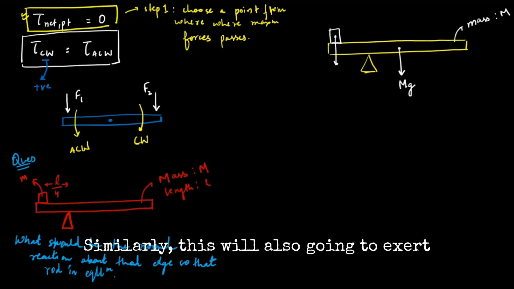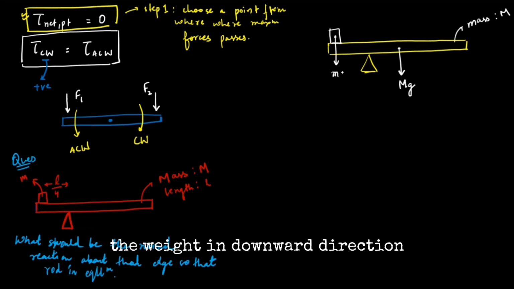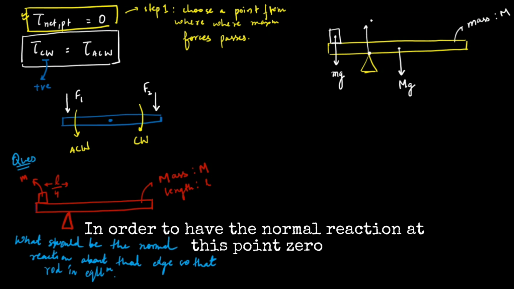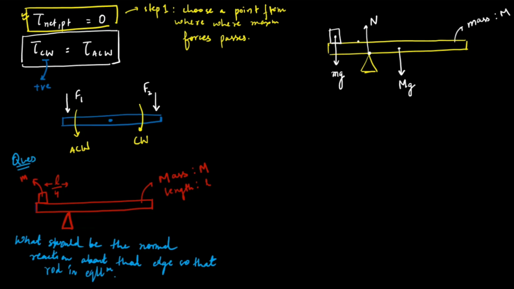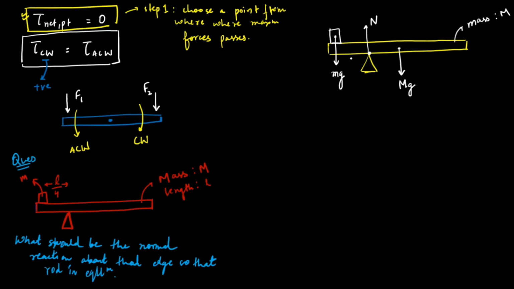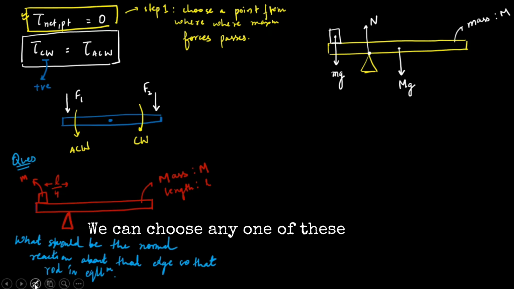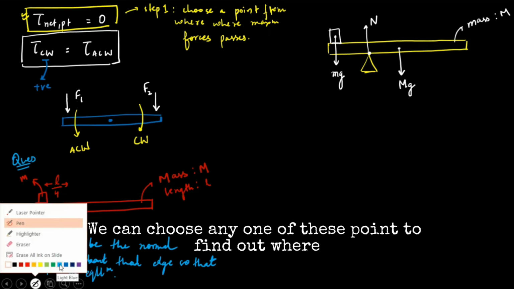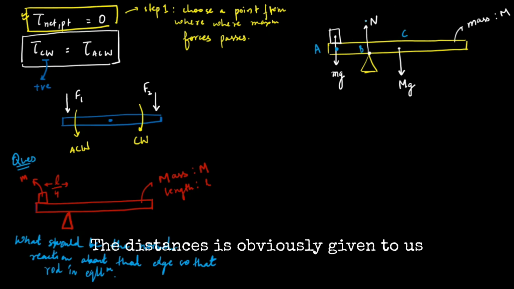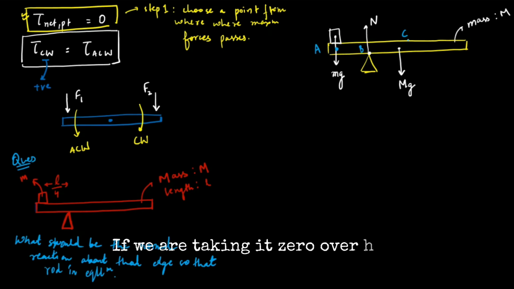Similarly, this small mass will also exert weight in the downward direction, which is going to be mg. In order to find the normal reaction and have this rod in stable equilibrium, we have 3 points. We can choose any one of these points to find out what the normal is going to be. The distances are obviously given to us.